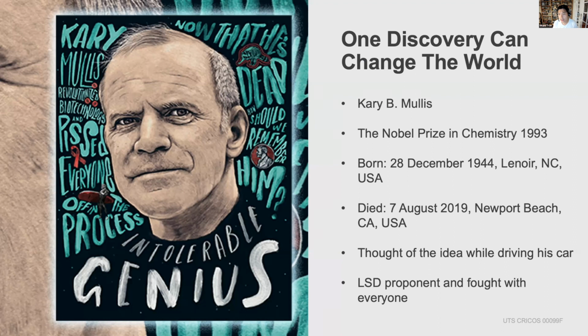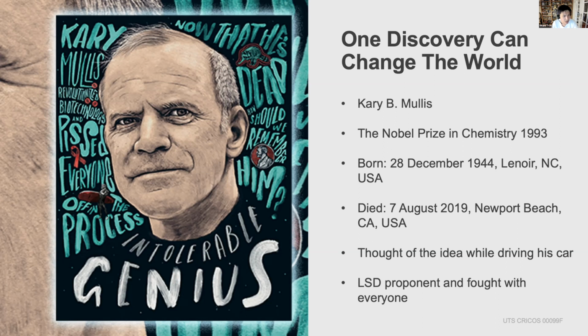He was born just after Christmas at the start of World War II in the US, and sadly, he died in 2019, a couple of years ago. If you do get a chance, do look up Kary Mullis and his life story, because it's a fantastic read. He was an incredible genius. Some say he was an intolerable genius. He was very hard to work with.